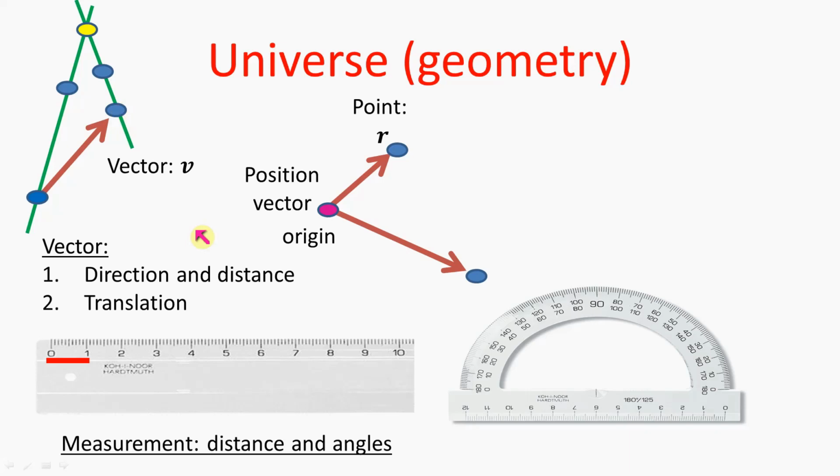So originally, we assign vectors to pairs of points. If we fix one of the 2 points and call it the origin, then single points will be identified by vectors unambiguously. And in this case, we call the vector associated with a point the position vector of that point.